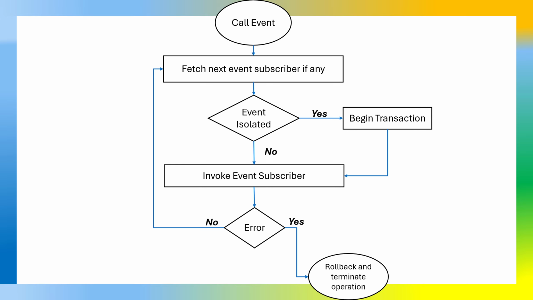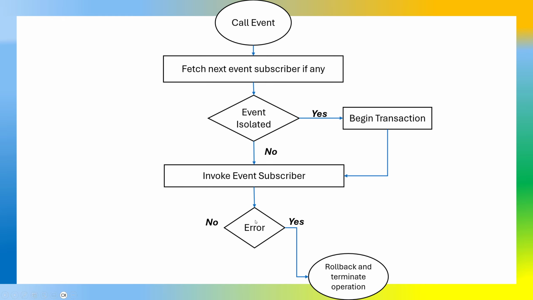If it is not isolated, which means it's a simple integration or business event, then the process flows as it is. But if it's an isolated event, it begins the transaction. So at this point, the transaction for that particular subscriber is begun, and the subscription is invoked as usual.